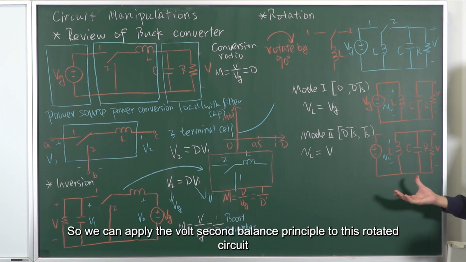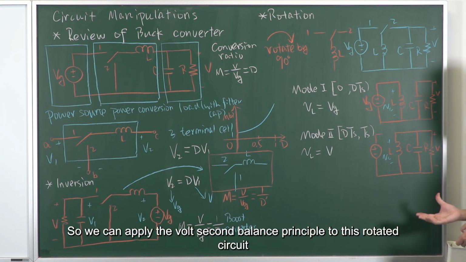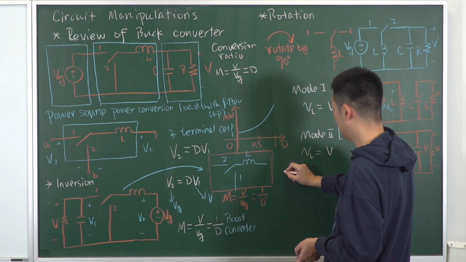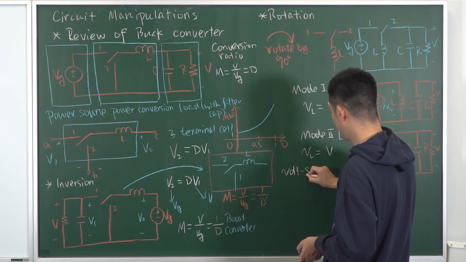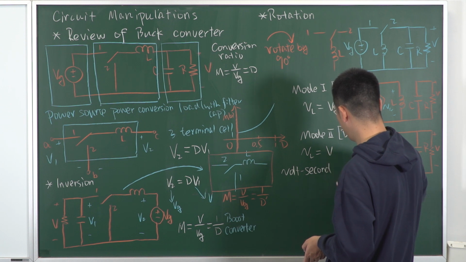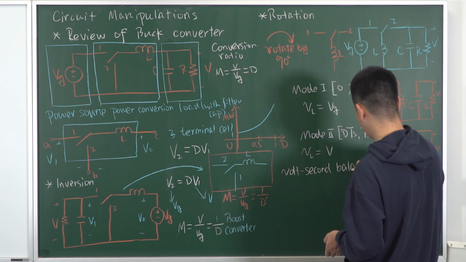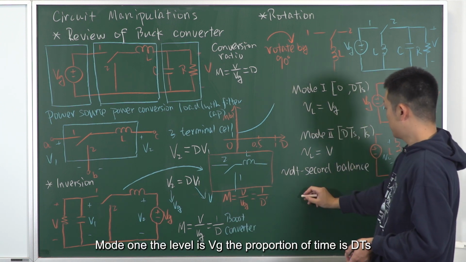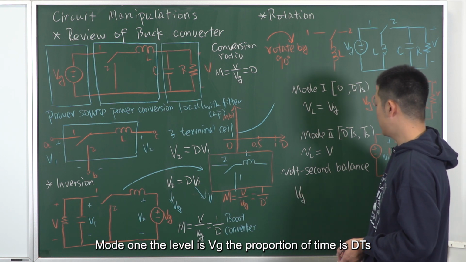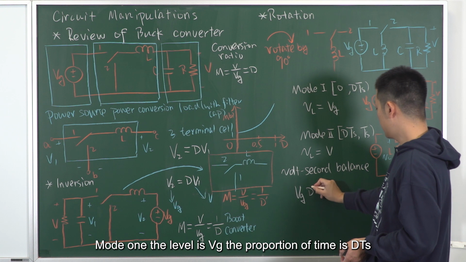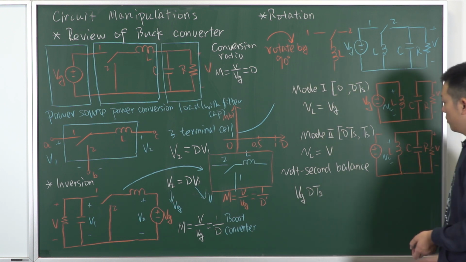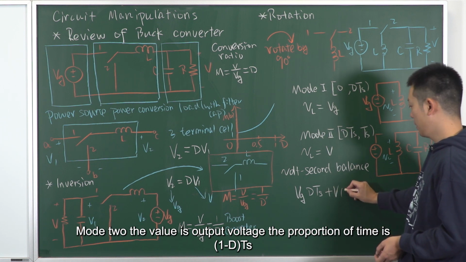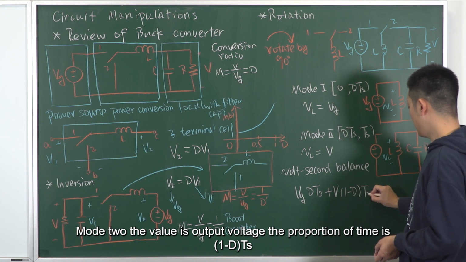So we can apply the volt-second balance principle to this rotated circuit. In mode 1, the level is Vg. The proportion of time is dTs. In mode 2, the value is the output voltage. The proportion of time is (1 minus d)Ts.